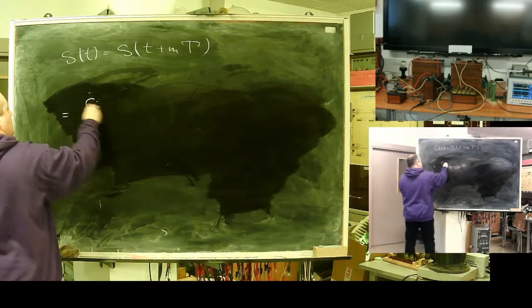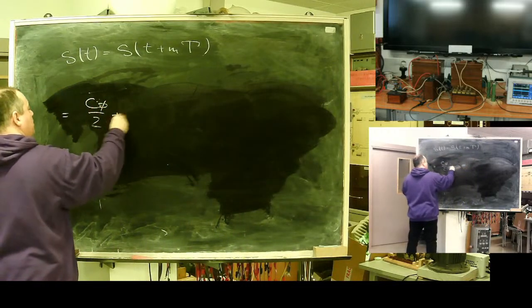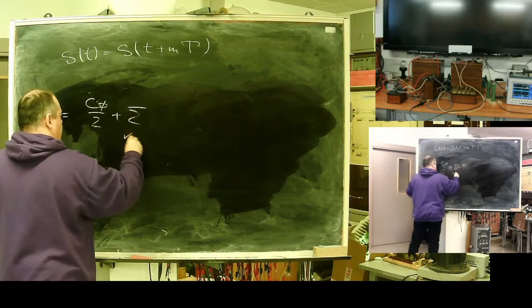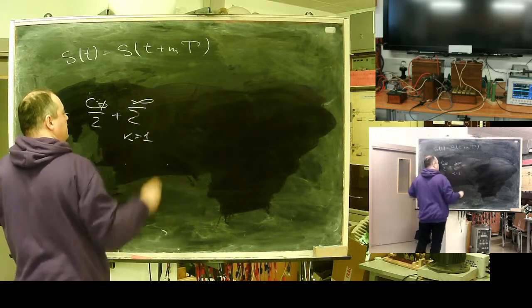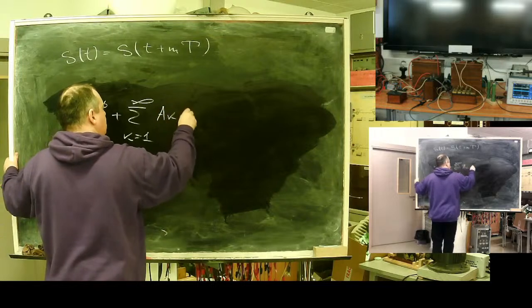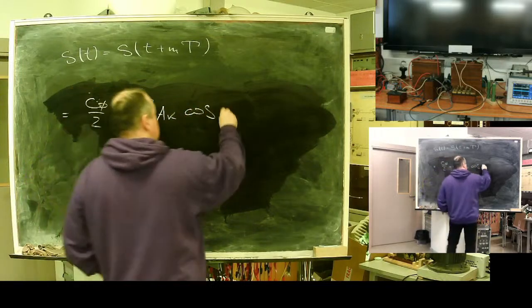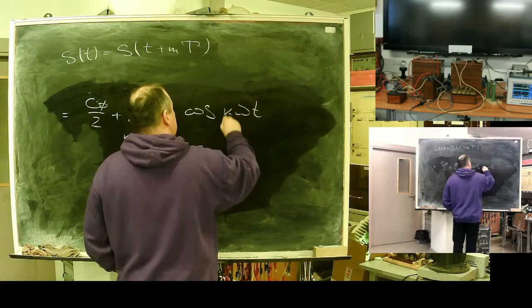It can be equal to C0 divided by 2 plus the sum from 1 to infinity of A cosine k omega t.